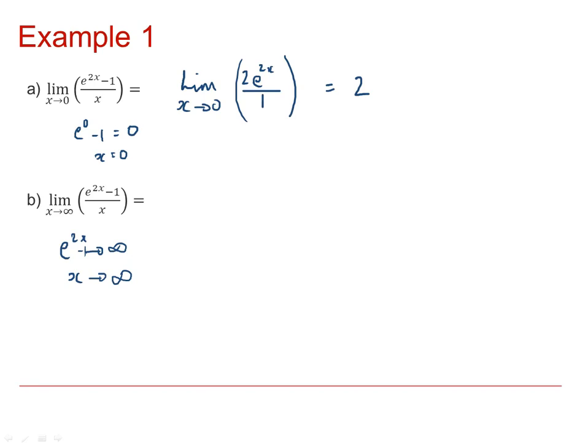Therefore, we can say that the limit as x approaches infinity must be equal to the limit of the derivatives, 2e to the 2x divided by 1 as x approaches infinity. So we can see therefore that this is also approaching infinity.